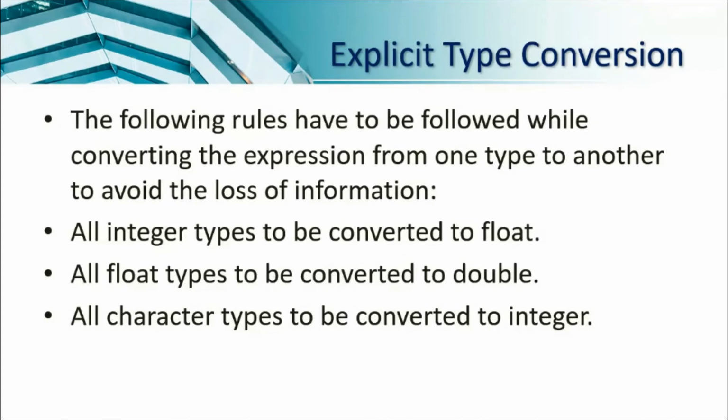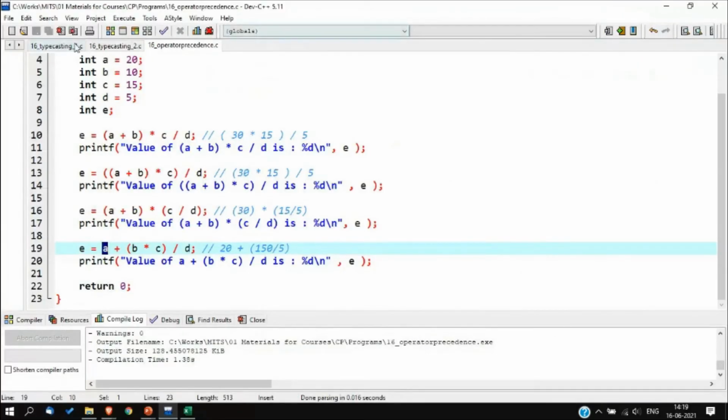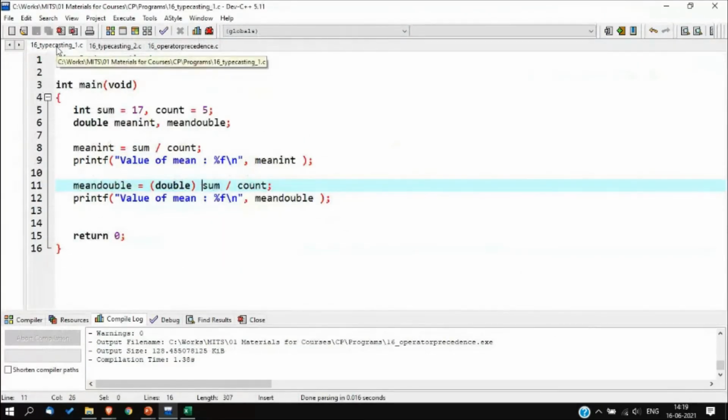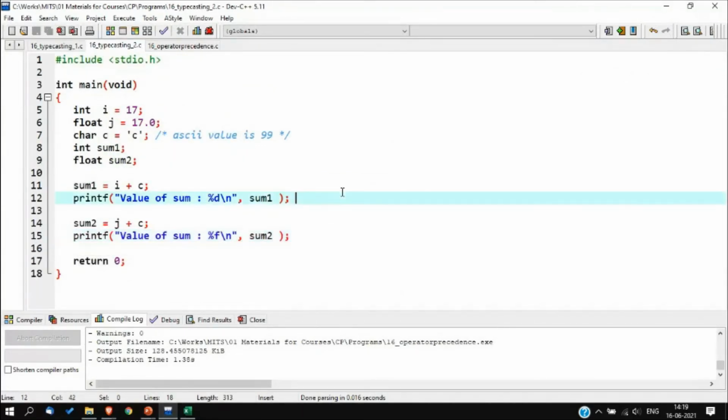Let's see two examples regarding this type conversion. This is an implicit type conversion, where the type conversion is not done by the person who is writing the program.